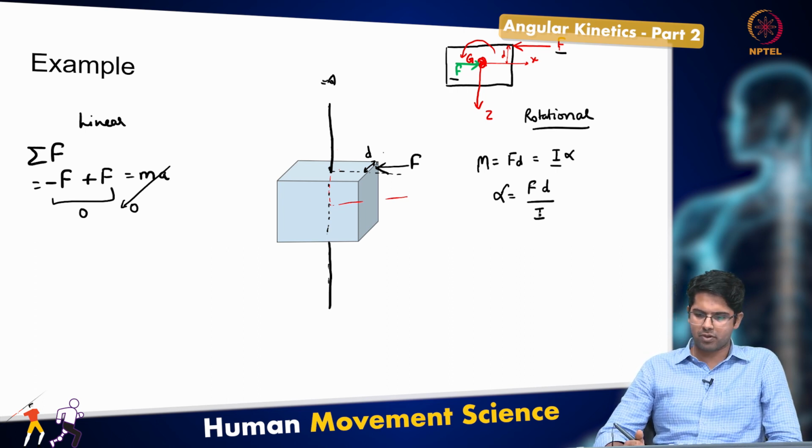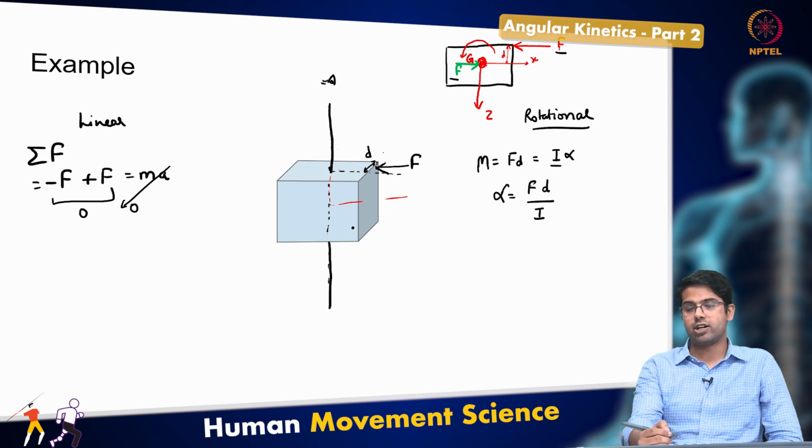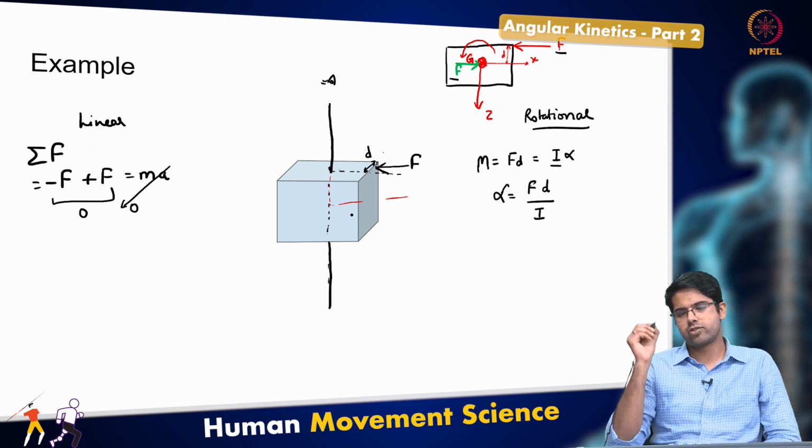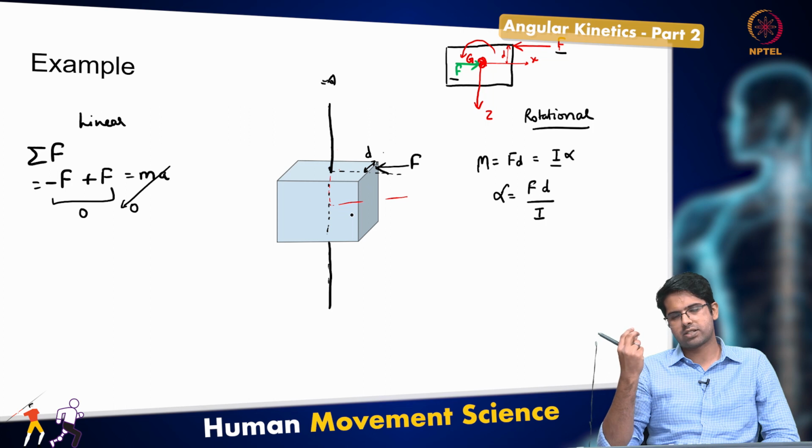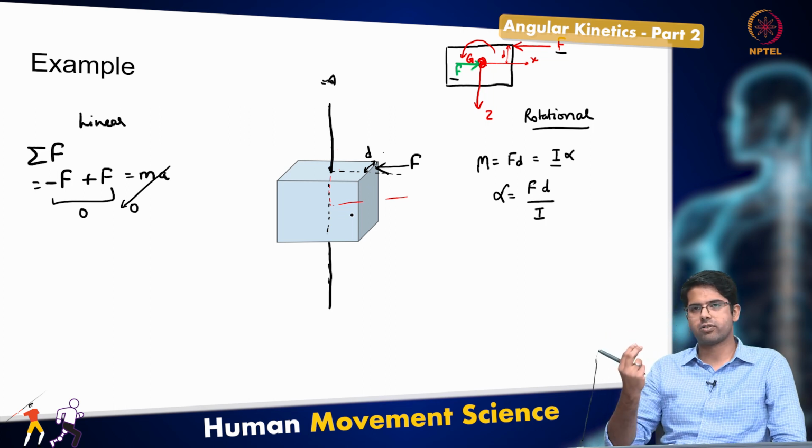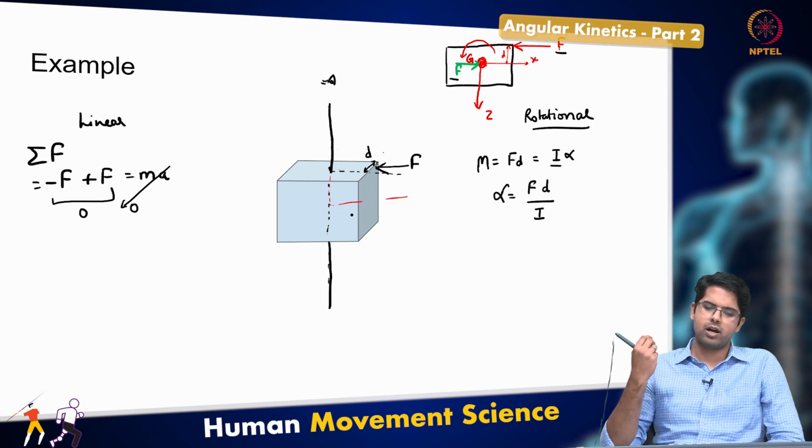Now, we are not going to go into how to calculate moment of inertias for different kinds of geometries, because as we saw, it is the distribution of mass from the axis of rotation, right? So for a simple mass rotating at a distance of r, it is mr squared.